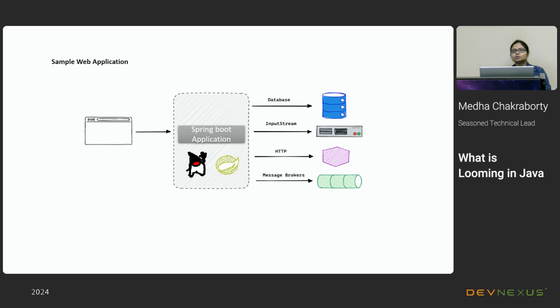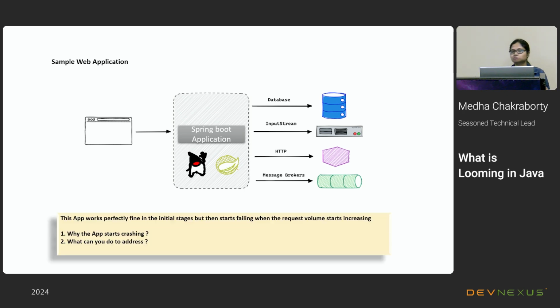At first, when users started accessing, it's fine, but the news about your application spread, and everyone wanted to access this application because they have heard so many good things about what you have developed. So the user base has increased. Now the volume of requests is increasing day by day.